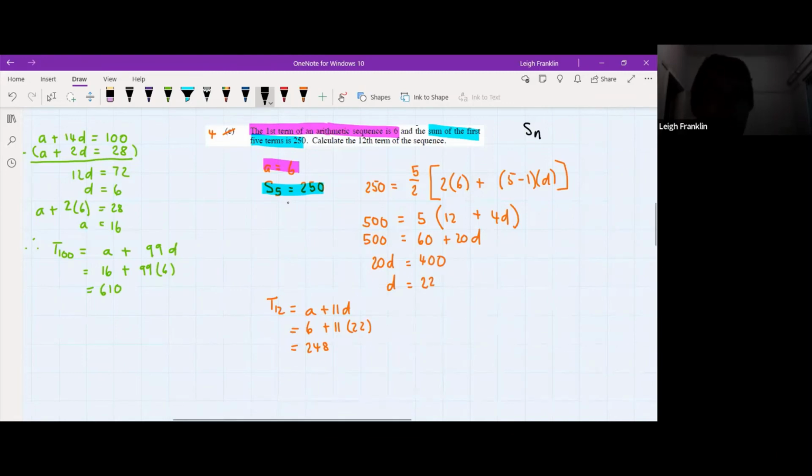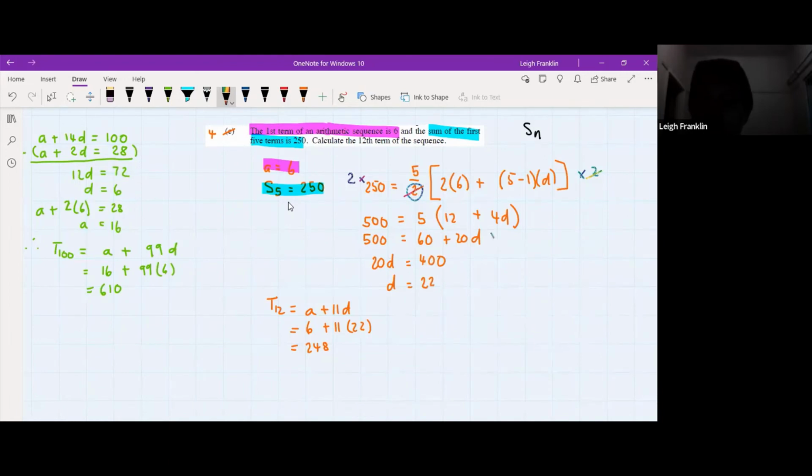The next step is to get rid of this 2 at the bottom, and I do that by multiplying this side by 2 and this side by 2. On the right, 2 divided by 2 cancels out, and 250 times 2 is the 500 that you can see. Then I've written 5, open brackets, 2 times 6 is 12, plus 5 minus 1 is 4 times d.